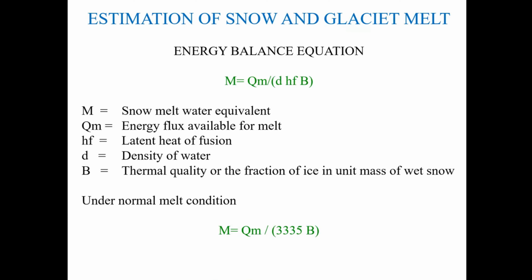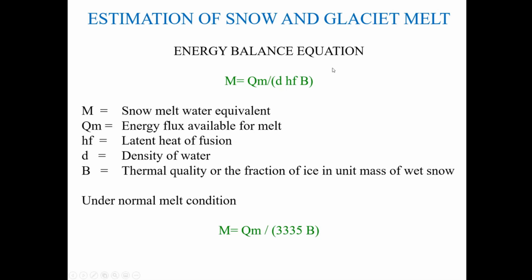The relationship is very fundamental in nature, and we already know it: the energy balance equation, where melt M is equal to Qm over the product of D, HF and B. Qm is the energy flux available for melt, D is the density of water, HF is the latent heat of fusion, and B is the thermal quality, or the fraction of ice in unit mass of wet snow.